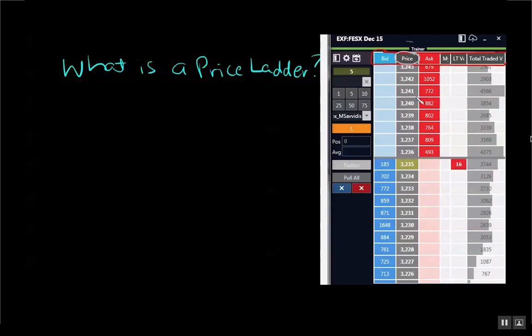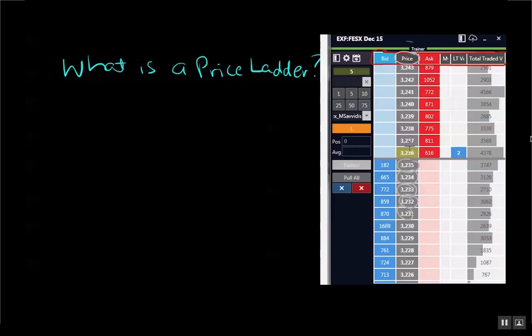And the price is in tick increments of 1. So 32.38, 32.39, 32.40, 32.41, so on and so forth, and to the downside 32.35, 34, 33, 32, 31, and that moves up and down the screen basically until infinity.